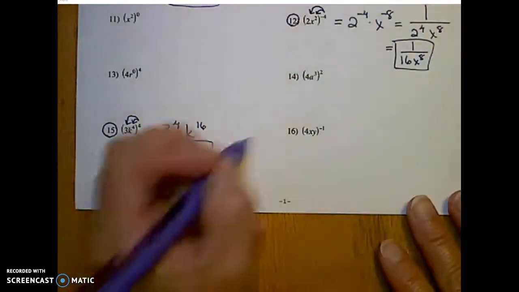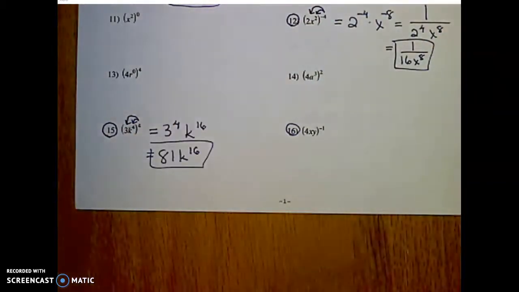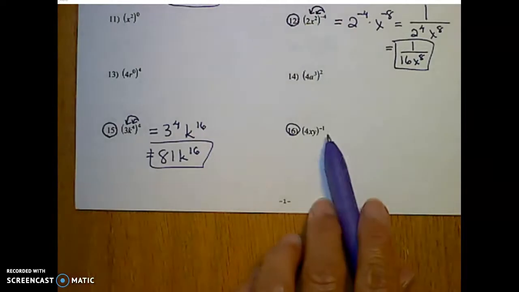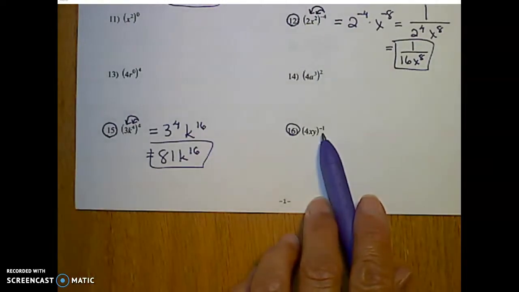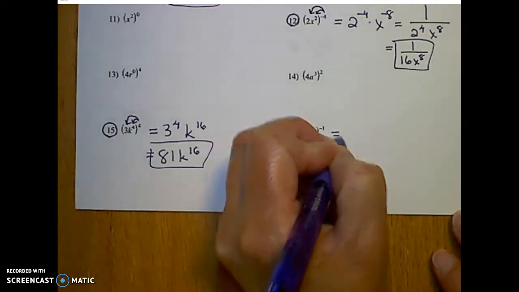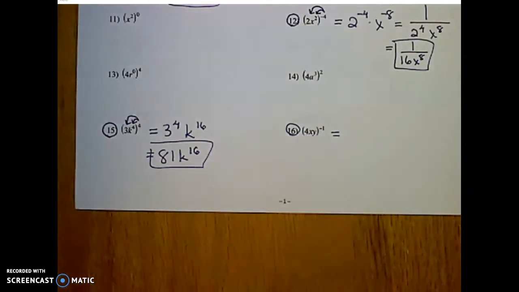I like number 16. Take a look at number 16. Maybe think about what you might do first. When I have that negative 1 power, I really just move that whole thing, instead of raising everything to the negative 1 power and then moving it, which you can do.